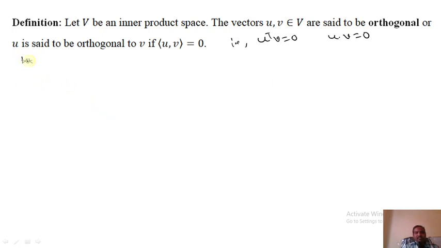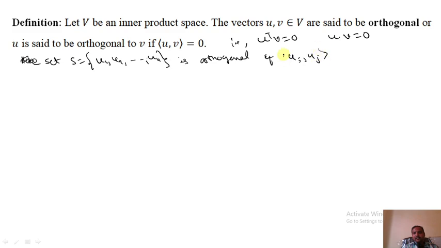Suppose we take any set u1, u2, ..., un. The set is orthogonal if the inner product of ui and uj is 0 for i not equal to j, with i and j between 1 and n, up to n vectors.